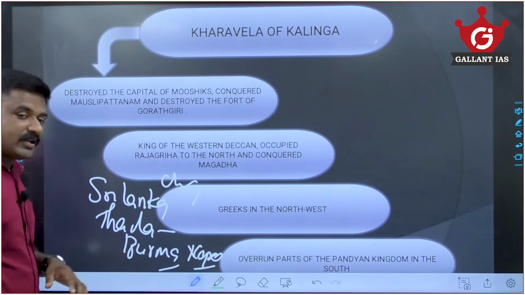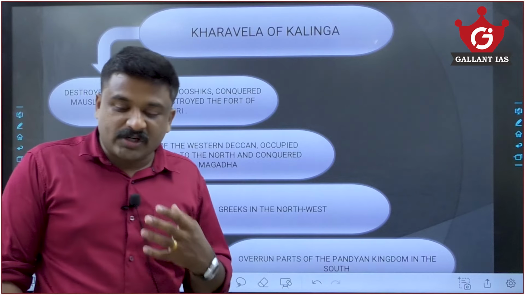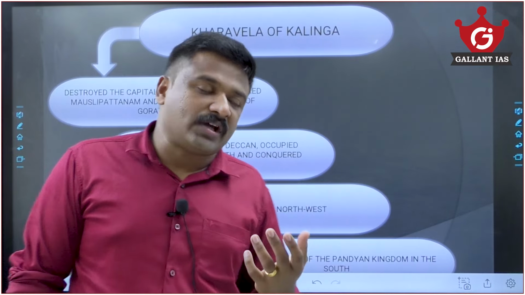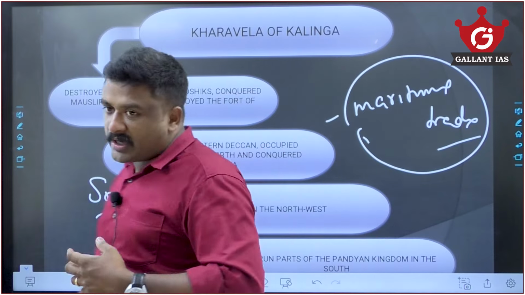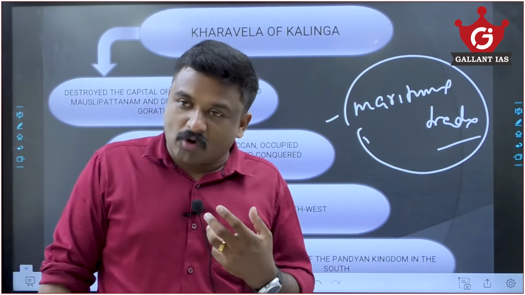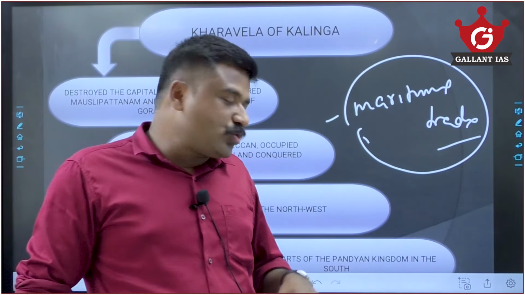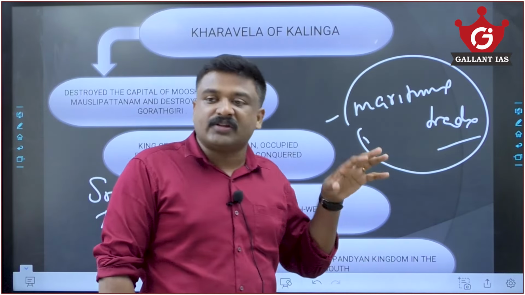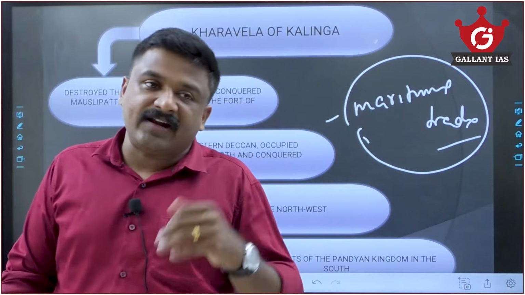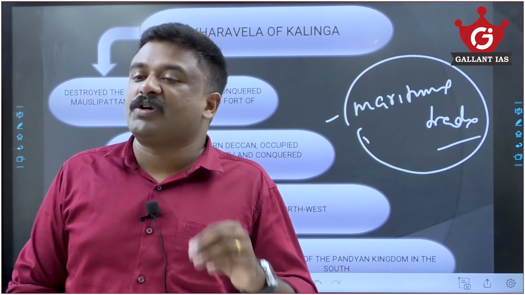You see that this state was militarily so strong, politically so strong, and commercially it had an upper edge over maritime trade. It had a strong navy, a strong shipping industry, and of course a very profitable maritime trade system with Southeast Asia, which further added to the material and cultural prosperity of the state.